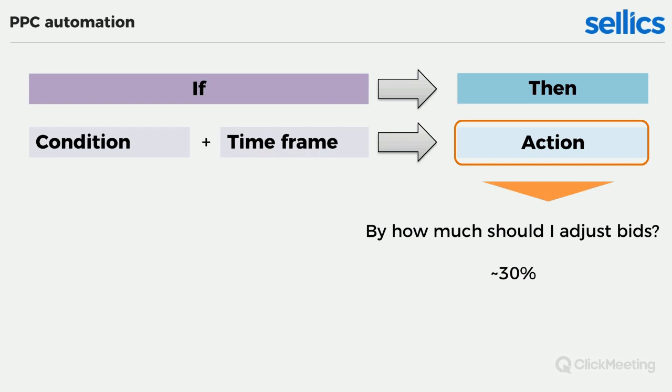If you go significantly above 30%, then you will probably see too much of a jump in the bid, and you will go beyond the reasonable bid, right? So 30% is a very good rule of thumb.